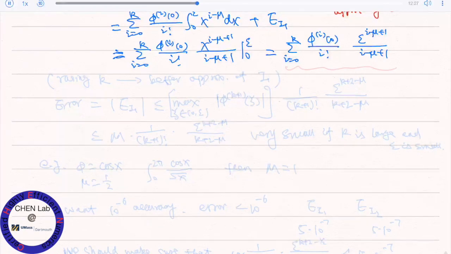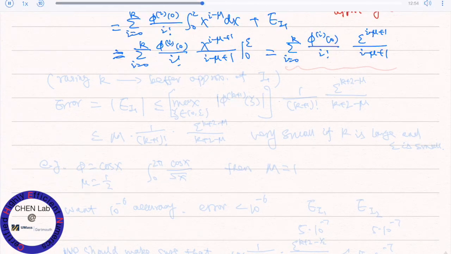This is a quantity you can compute by taking a small epsilon and raising the k. You do 2 terms, 3 terms, 4 terms of the Taylor series expansion. Include them, and you're going to get a better approximation.